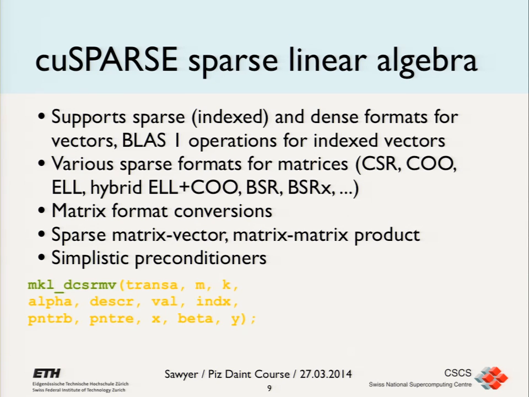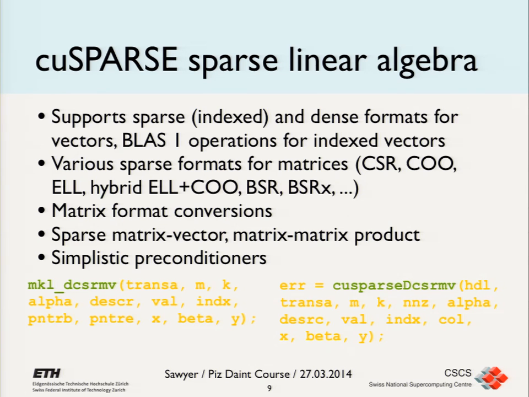Here's just a simple example. This is an MKL sparse CSR, compressed sparse row, matrix-vector multiplication with x. The result is y, and then a whole bunch of vectors which describe the matrix. That's the MKL version, and cuSPARSE was modeled on that.